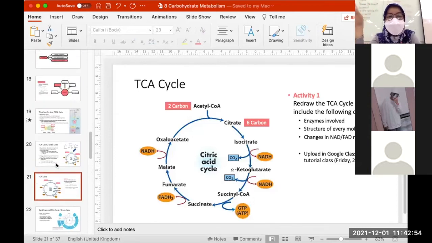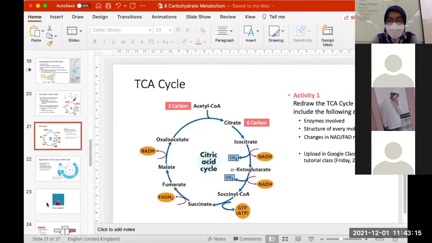Okay, if you Google this, you can find things like TCA cycle acronym. People have been creating acronyms for you to remember the flow. You can use that, or you can create it on your own. Up to you. Because usually every year the pattern is that in the essay questions, at least one question will come from carbohydrate metabolism.